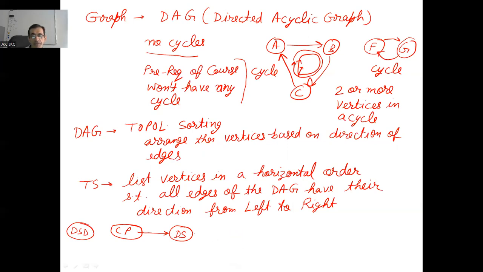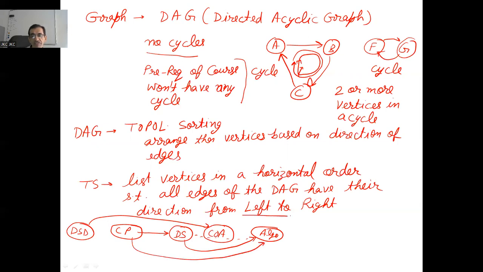But Algo cannot appear before that. So maybe I have Algo here, and maybe I could have written COA here. That effectively means that whatever edges I drew earlier, all of those edges have a flow from left to right.